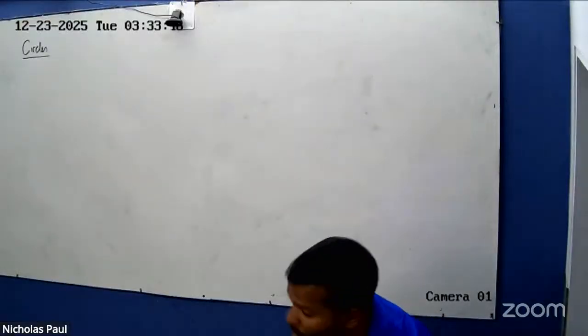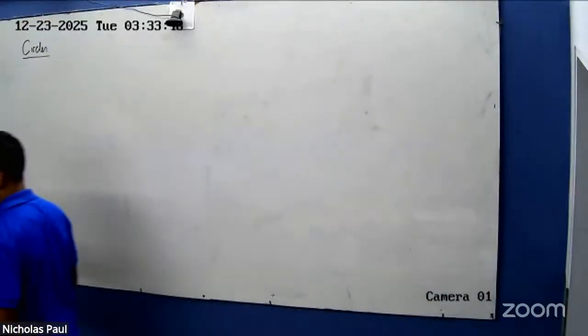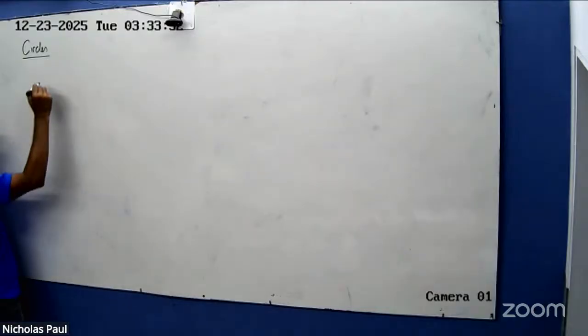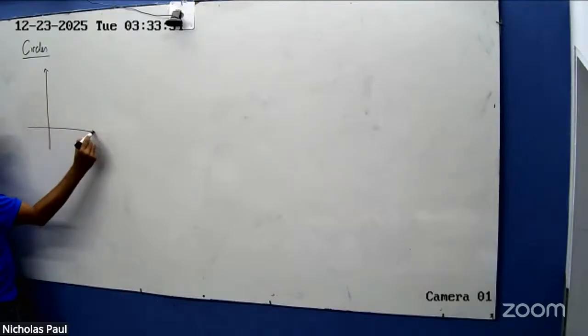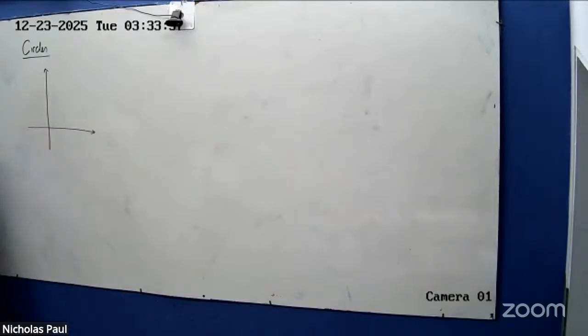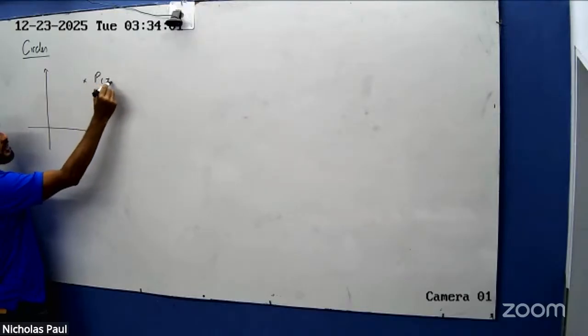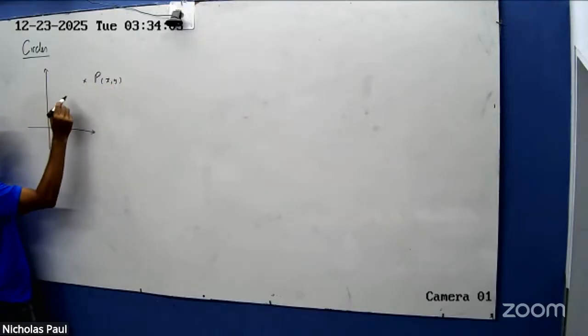All right, so you would have read the locus of a circle, right? So here's what locus is. If I were to give you something like this, and I said that I am giving you a point, and the point is x, y. That point must be equidistant.